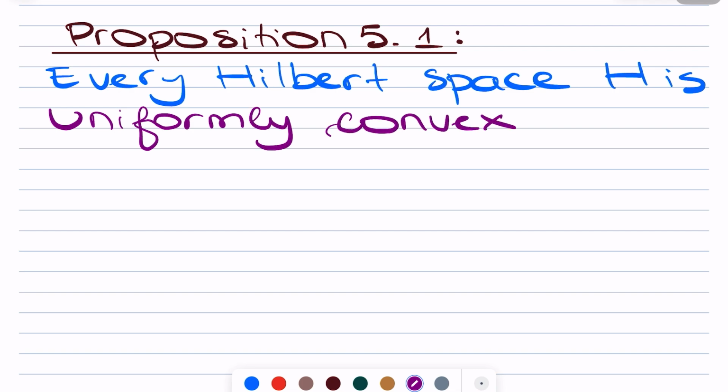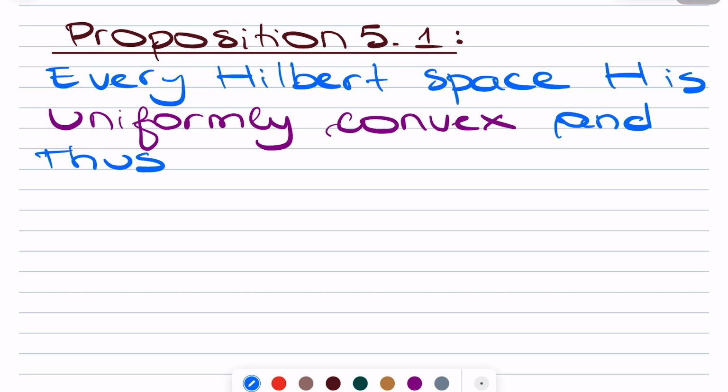And thus reflexive. This is just a consequence of the Milman-Pettis theorem. If you don't know what a uniformly convex space is, I strongly invite you to watch my video on uniformly convex spaces and also the Milman-Pettis theorem, which was a very striking theorem: a geometric property implies a topological property. Uniform convexity implies reflexivity, which is really amazing.